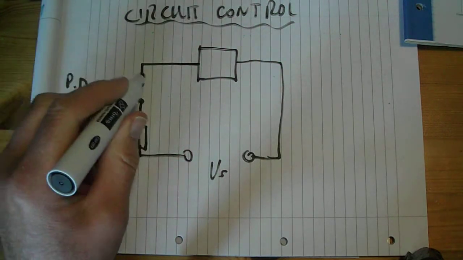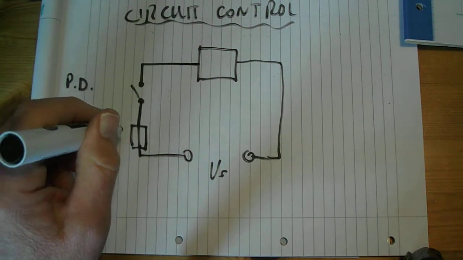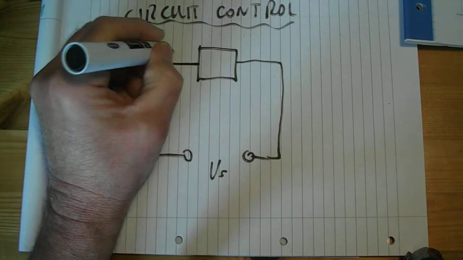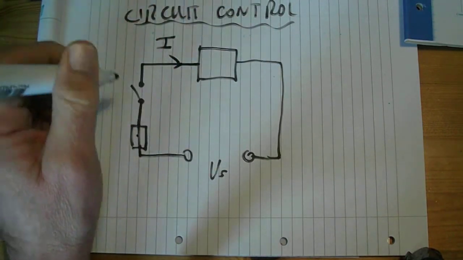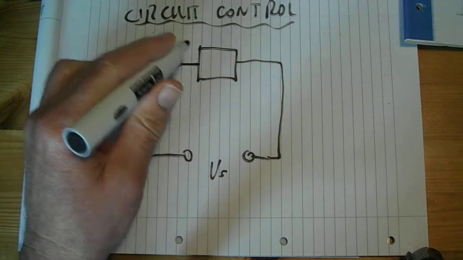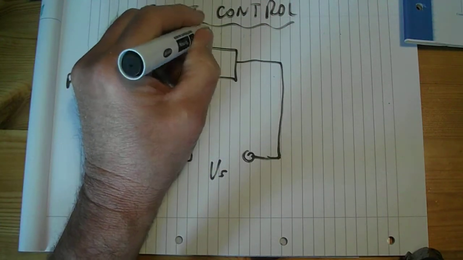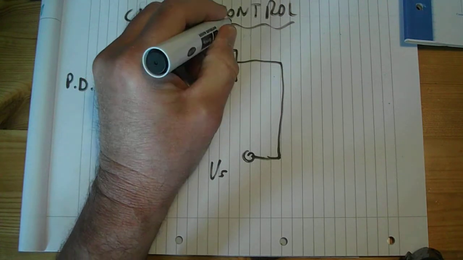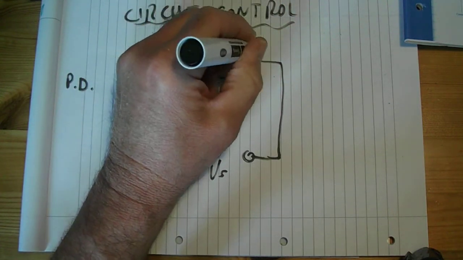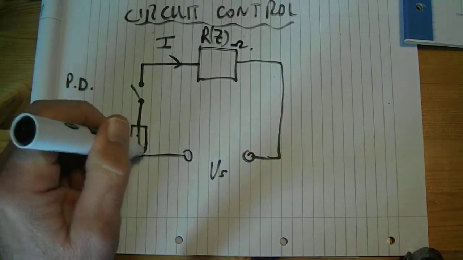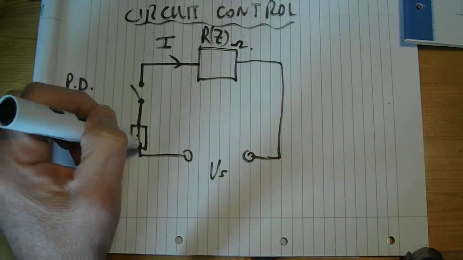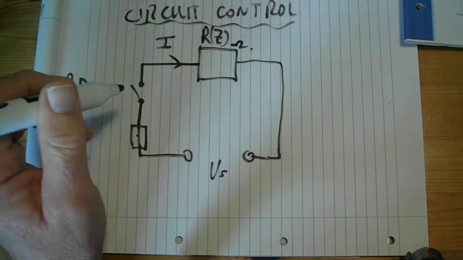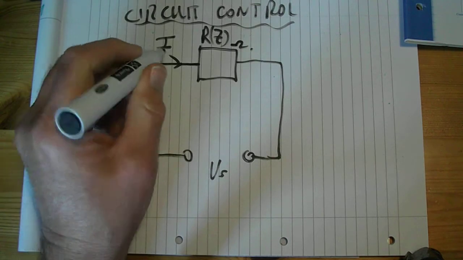Now we knew in our basic circuit we have to be able to control this current that's going through the circuit, which we can call I. So we've got V and I, and we can call this our load R, or sometimes it's called Z if you're doing level 3, but it's measured in ohms. So the amount of current flowing through this circuit depends on the resistance of the load. As the resistance of the load goes down, the current goes up.